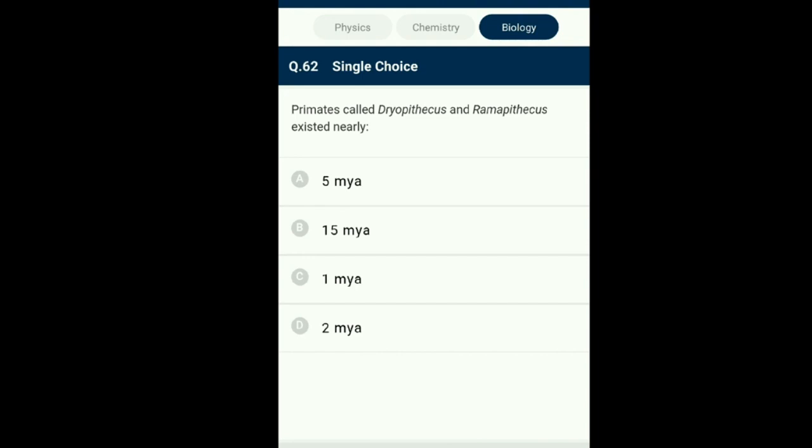Dryopithecus and Ramapithecus were early primates in the evolution of man and present about 15 million years ago. Dryopithecus inhabited the European region having forelimbs longer than hind limbs. They resembled more like apes. Ramapithecus inhabited India and had forelimbs smaller than hind limbs. They resembled more like man. So the answer is option B, 15 million years ago.